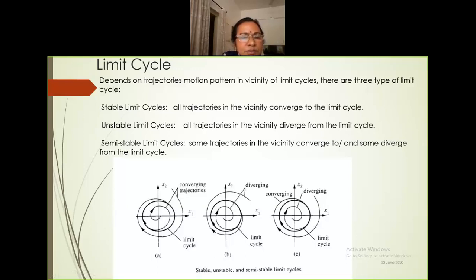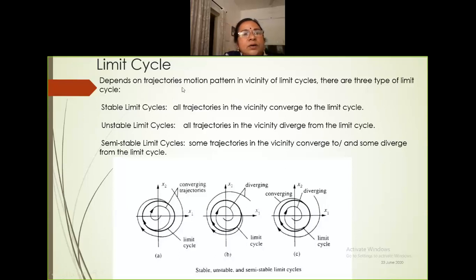You start from this curve, a nearby trajectory; it is going and reaching this closed path. Again, you take the other one and move along this path; it is moving and again closing in on that closed path. So it is a stable limit cycle.